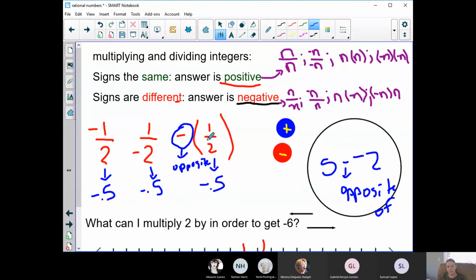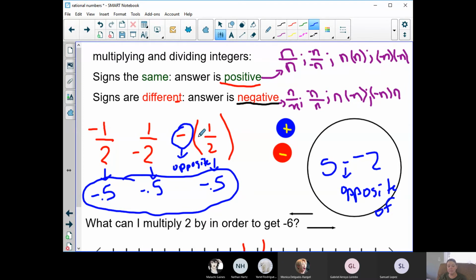So 3 problems, all written with the same numbers, all written different ways, but our answers are all the same, okay? So one thing I want you to notice is that even if there's a negative outside the parentheses for a division problem, this negative is telling you to do the opposite of whatever answer you get inside the parentheses, okay?